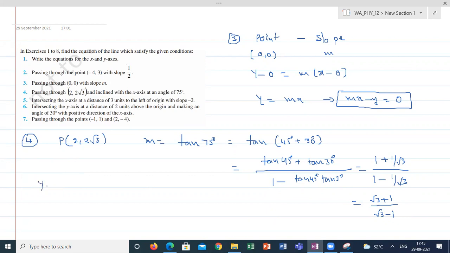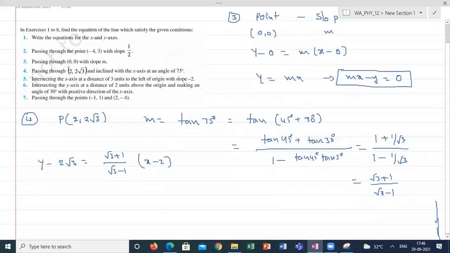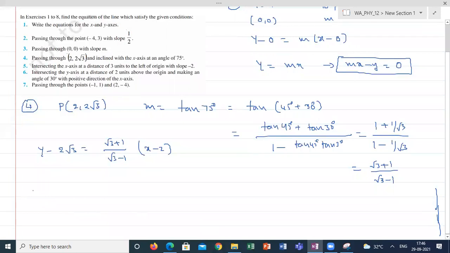So now the equation of the line is y minus 2 root 3 is equal to root 3 plus 1 by root 3 minus 1 into x minus 2. If I'm solving this, I will get the equation. If I'm cross multiplying, what will happen? Root 3 minus 1 into y minus 2 root 3 is equal to root 3 plus 1 into x minus 2.